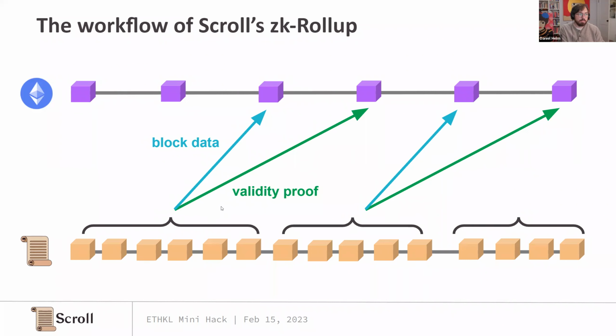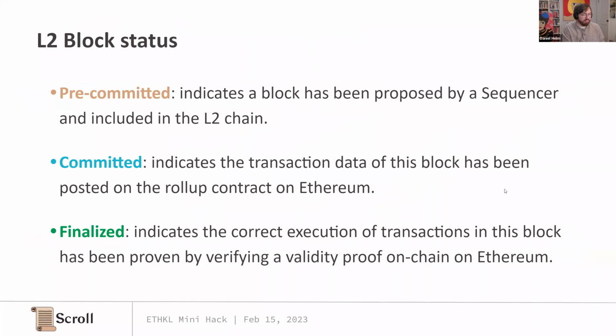Then later in time, once we've gotten our decentralized prover network to run the zk proof, maybe a few Ethereum blocks later, the same batch will have a proof committed to the L1. We'll see what that looks like step by step as well, because I think it's interesting. But we can think of our L2 blocks as having 3 different statuses.